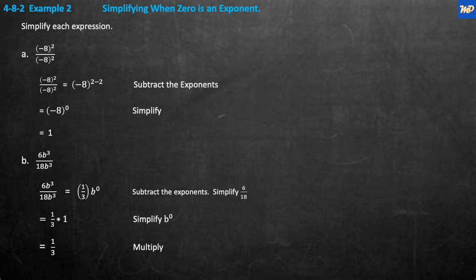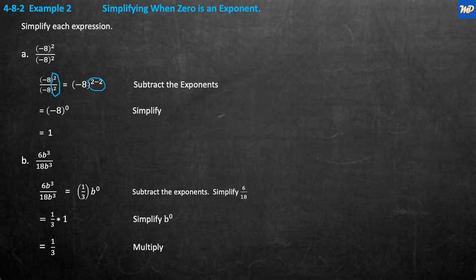The parentheses makes you say the quantity. Well, that equals the quantity minus 8 to the 2 minus 2 power, from these two powers. And 2 minus 2 is 0, so you get the quantity minus 8 to the 0 power. And as we said in the other slide, anything to the 0th power is equal to 1.